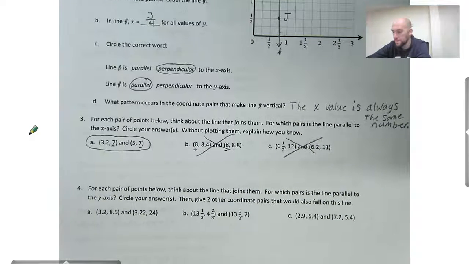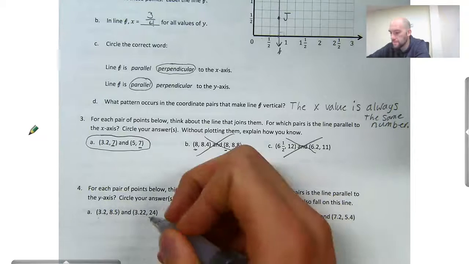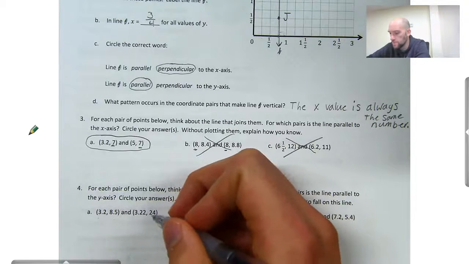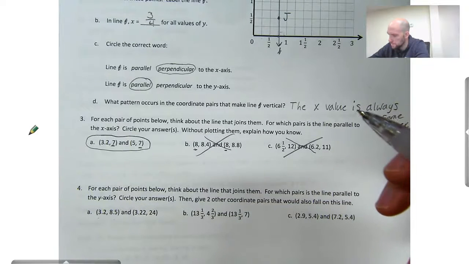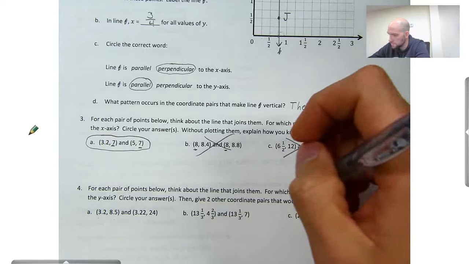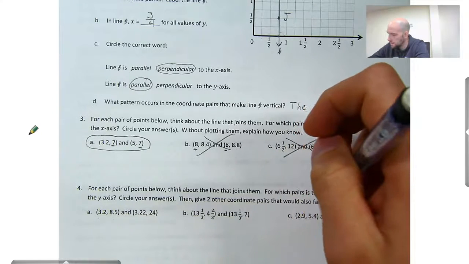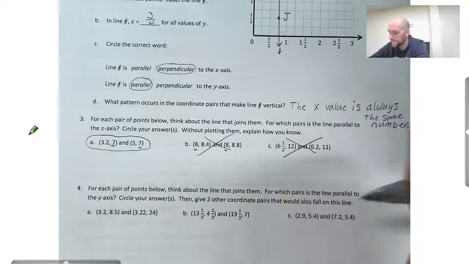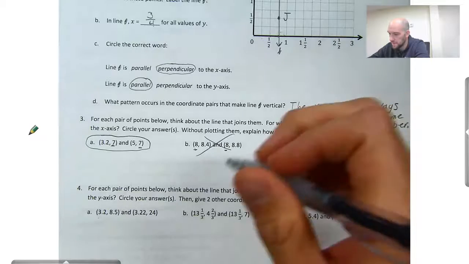Then we have to do the same thing here except with the y-axis. So we have 3.2, 8.5, and we have 3.22, 24. For which pairs is the line parallel to the y-axis now? We're looking for two x values that are the same.